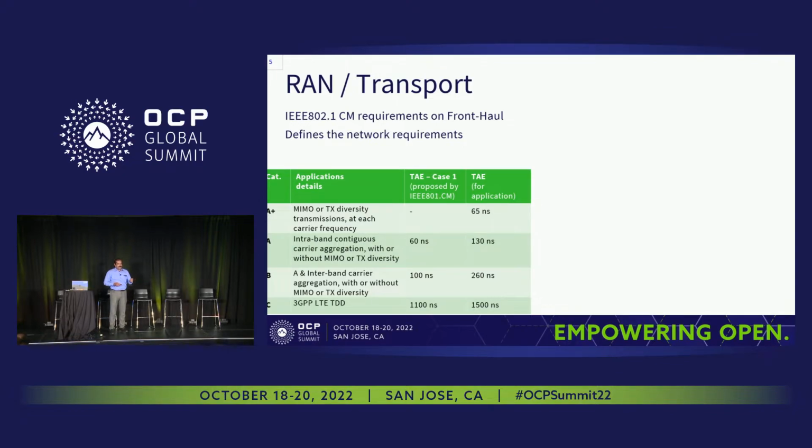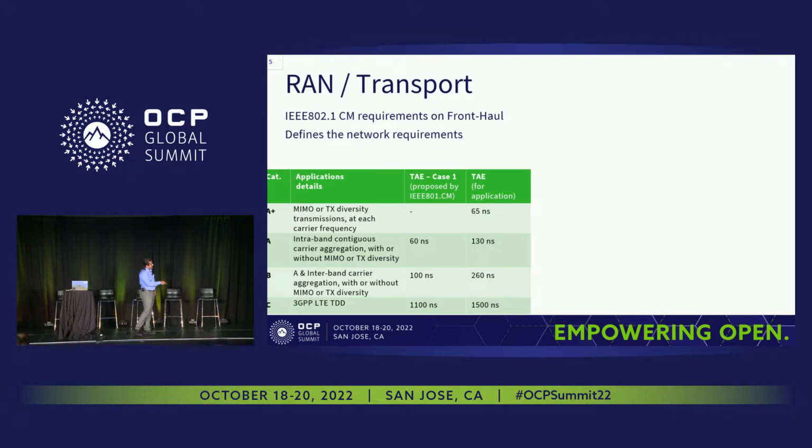The network requirement is driven by TSN, IEEE 802.1CM-like network requirements, which say that you need to have the end application requirement of these numbers depending on the type of services that we offer. So from a reference point to the end, we need to have this kind of performance. And the network itself can have these numbers.